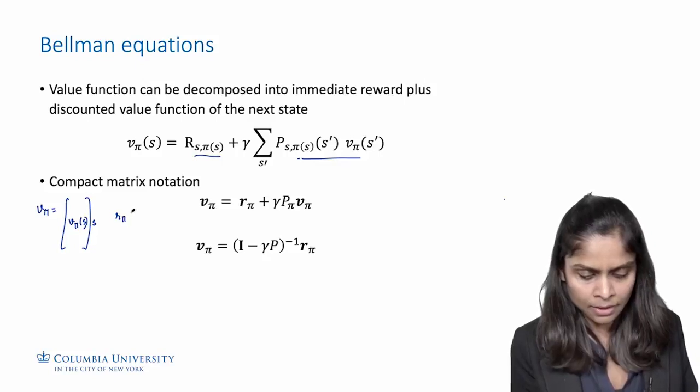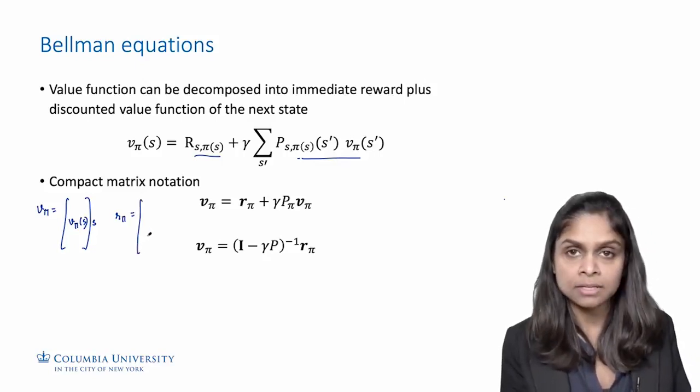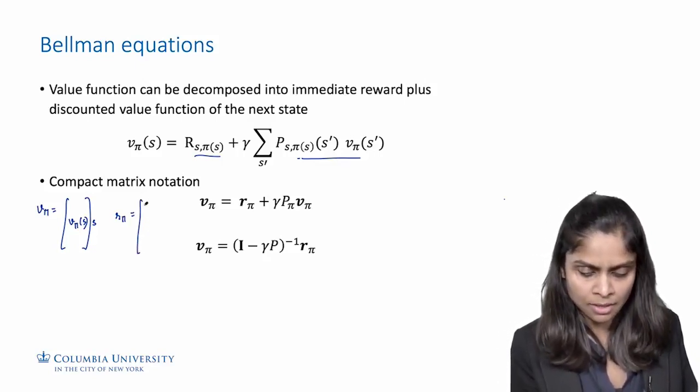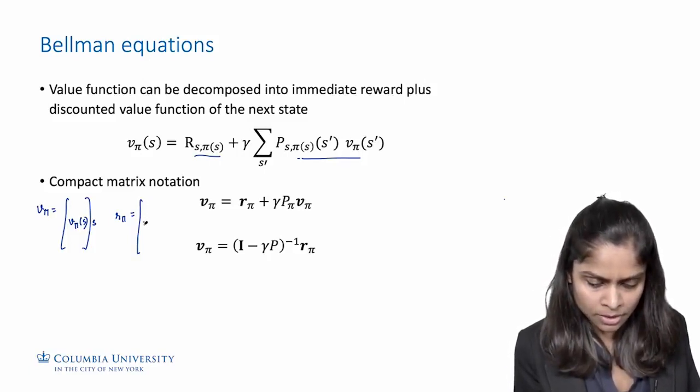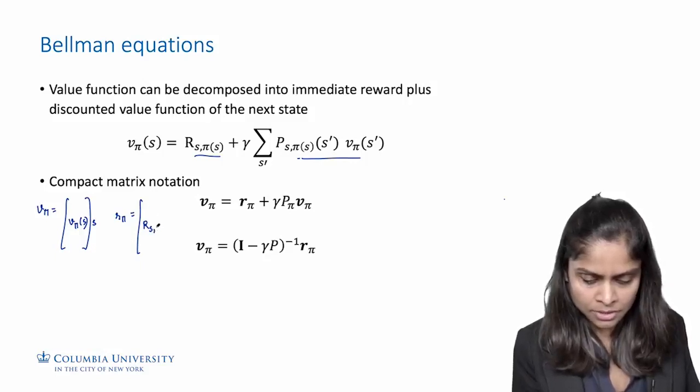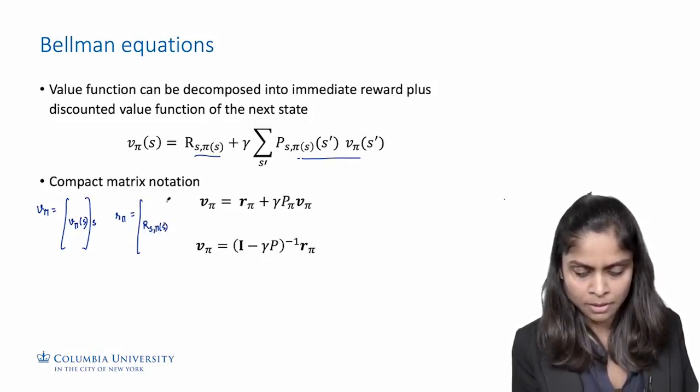Similarly, R pi is the vector of rewards, the expected rewards starting from state s and following policy pi, which is nothing but an S-dimensional vector with little s entry being R of s, pi of s.